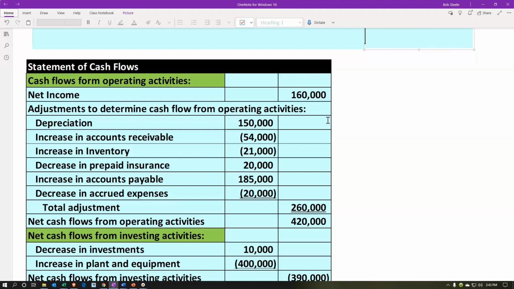Therefore, we can compare the bottom line of the income statement, net income, to the bottom line of the cash flow, which would be net cash flows from operating activities, which basically is net income on a cash flow statement, or you can think of it as close to net income if we had prepared the income statement using a cash basis as opposed to an accrual basis.